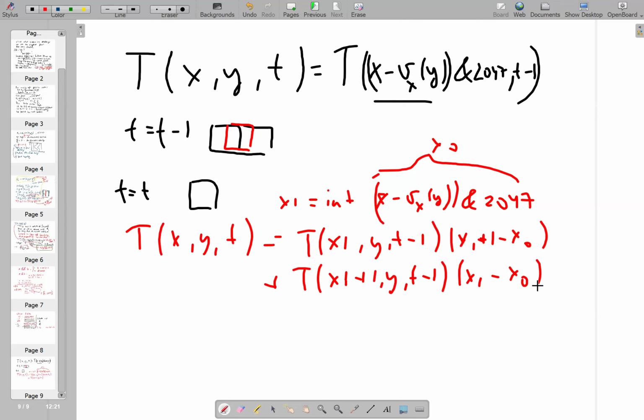We take the value from x1, the other pixel is x1 plus 1, and we take how far it is from the other pixel as the weight, and for the other pixel, we take the weight as how far it is from the first pixel. And that gives you the interpolated value as such. As Mike suggested. Okay, does it make sense, Toma?